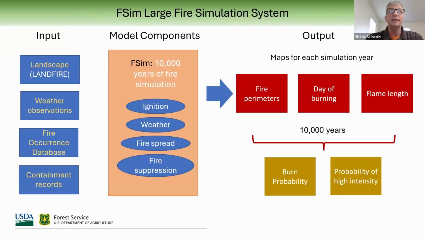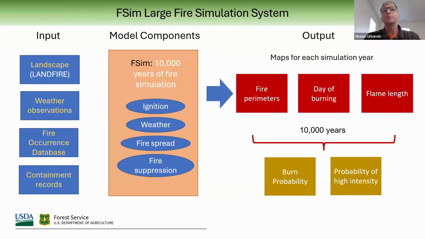A little more detail on this. About half of this looks a lot like Karin's slide on FSim. Thank you, Karin. But again, the inputs are still the same. We have a landscape provided by LANDFIRE, weather observations, a fire occurrence database from Karin Short, and then containment records. And then in the middle, FSim is simulating, say, 10,000 plus years of ignitions, weather, fire spread, and suppression.